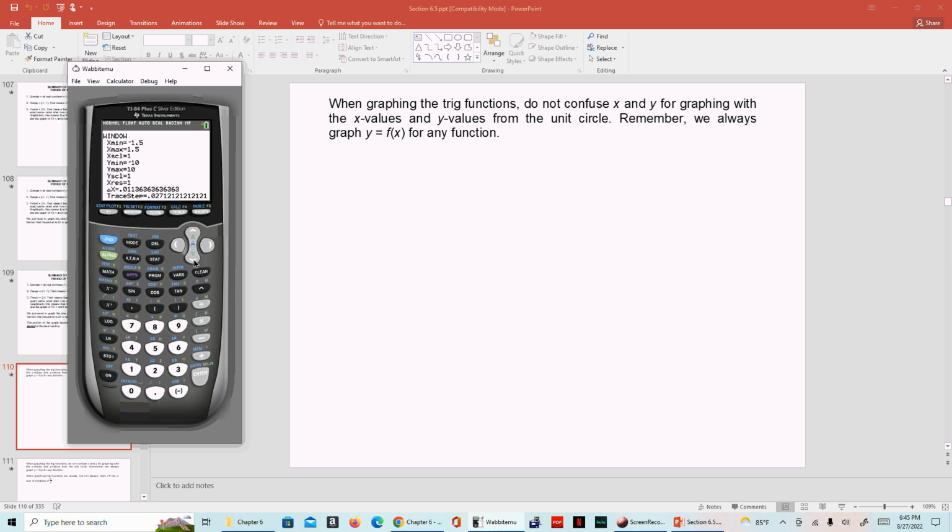My x scale, we like to do it in multiples of pi over 2. So x scale pi divided by 2. Oops, I should have left that at -10 and 10.